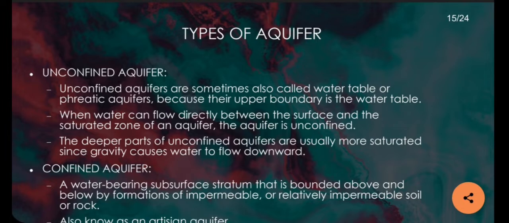It is much like pouring water into a beaker of gravel. Imagine that beaker, and then you put rocks in it. Then your pouring of water is the example of unconfined aquifers.